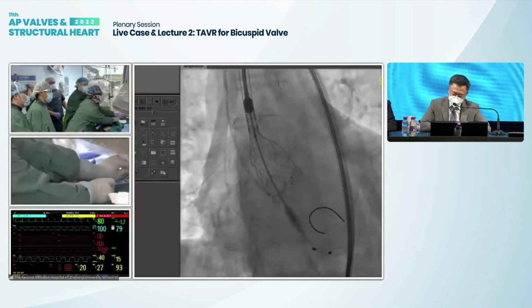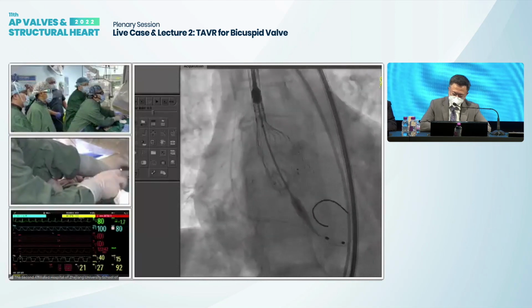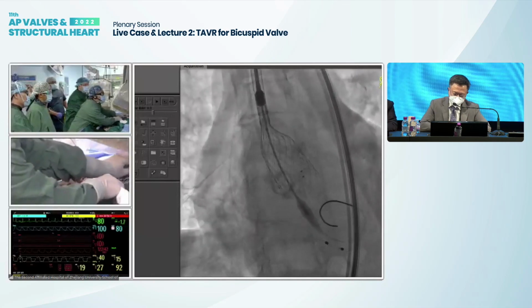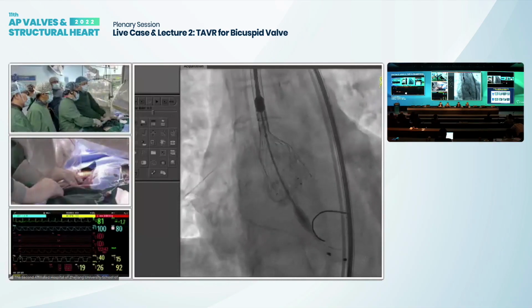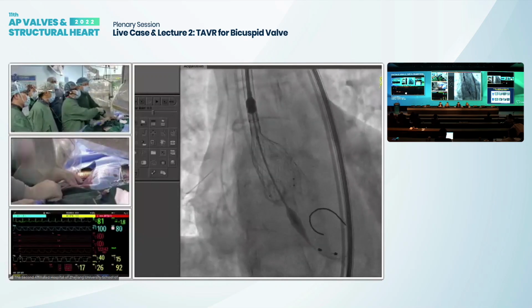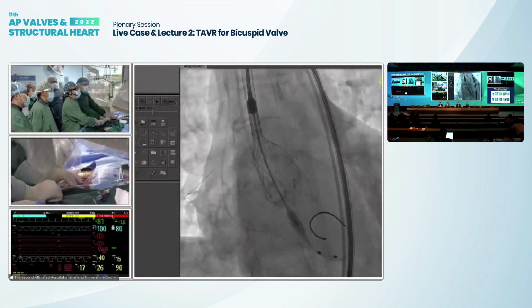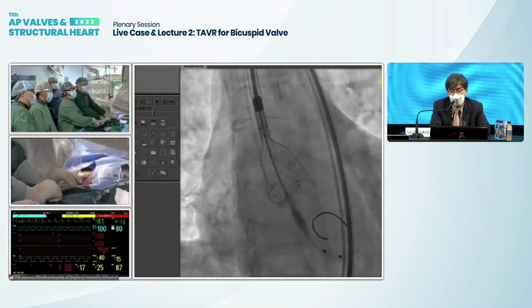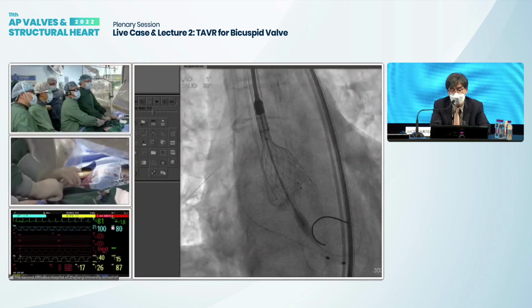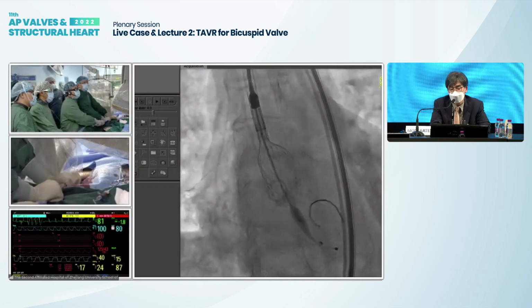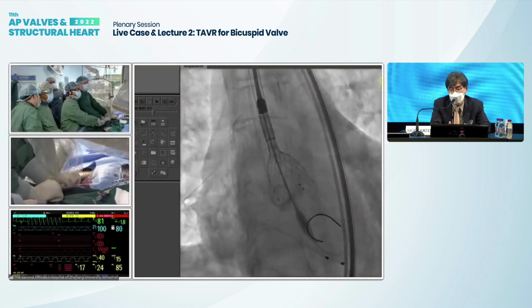For me, my choice is to retrieve this time. No need to wipe it, with this product just look at the calcification. But the 3 marks are not aligned, which makes it hard to deploy. Retrieve it. Considering the severity and amount of calcium is very heavy, there is the possibility of additional balloon dilation after valve deployment.